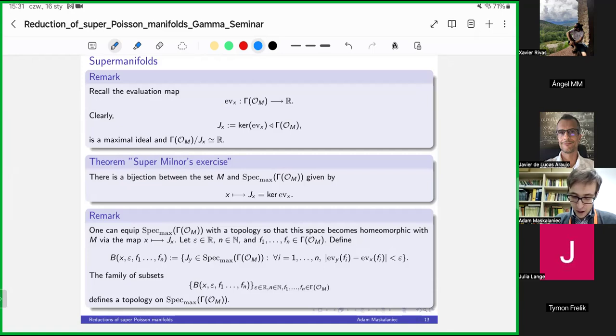But if we are given this topological space, there is no way we can recover the information about the nilpotent part. So this underlying topological space does not fully define the structure of a supermanifold.